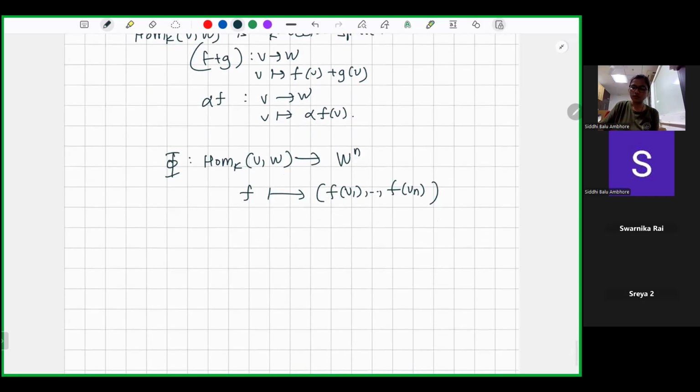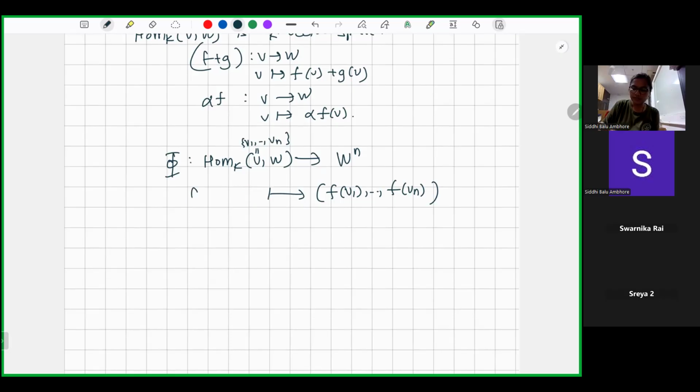V has basis v1 to vn, and as I said, we have hold of the map the moment we have information about it on a basis. So that's what I'm doing.